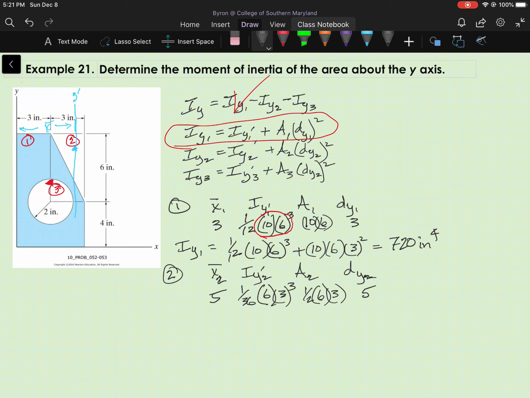So we're going to do this math, and remember this is going to be a negative moment of inertia, since we're cutting this out of the rectangle, so it's going to be minus 1/36 times 6 times 3 cubed, plus, and that's the moment of inertia of the triangle about a vertical axis going through its centroid, plus the product of the area of the triangle times d sub y2 squared.